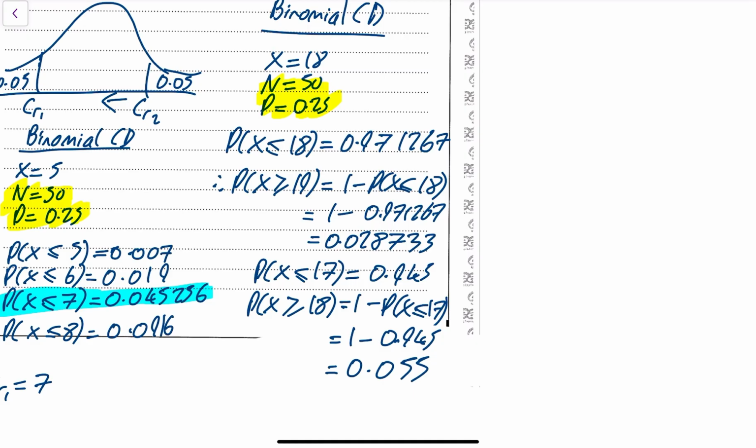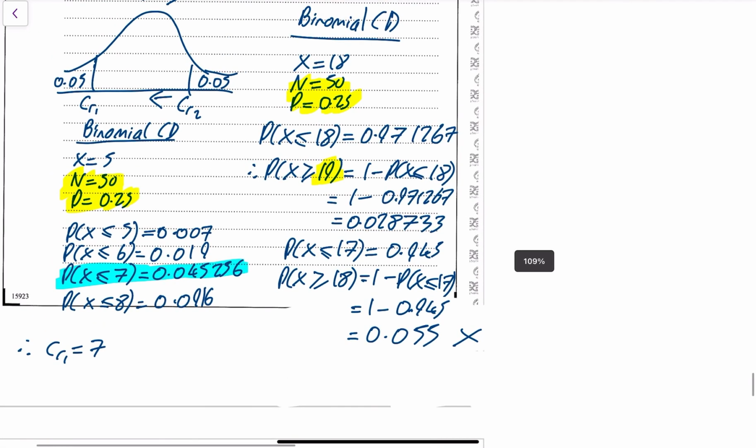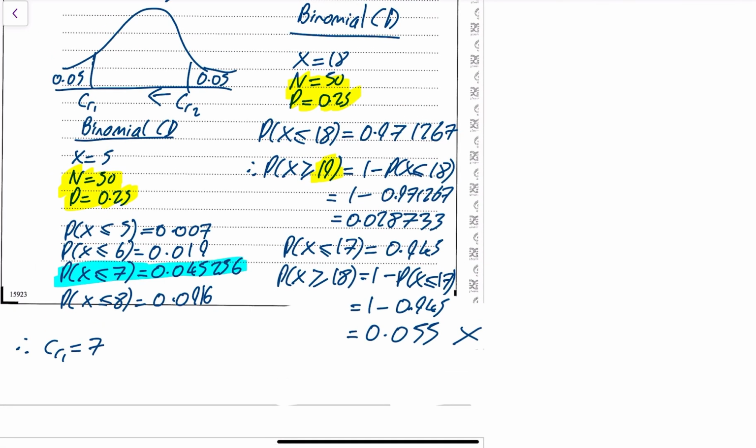All right, so that's not going to work for me there, unfortunately. It's going to be too big. It's not going to work. So my answer, my critical region then, is x is greater than or equal to 19. So that's what I want it to be.